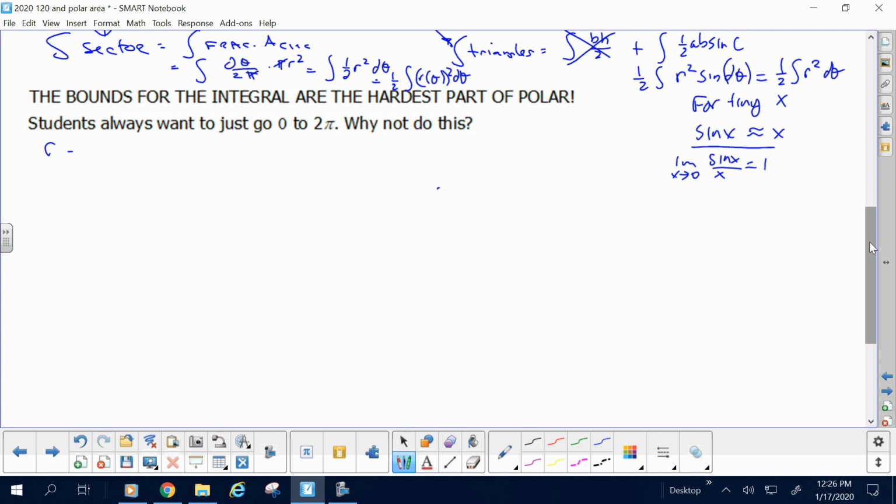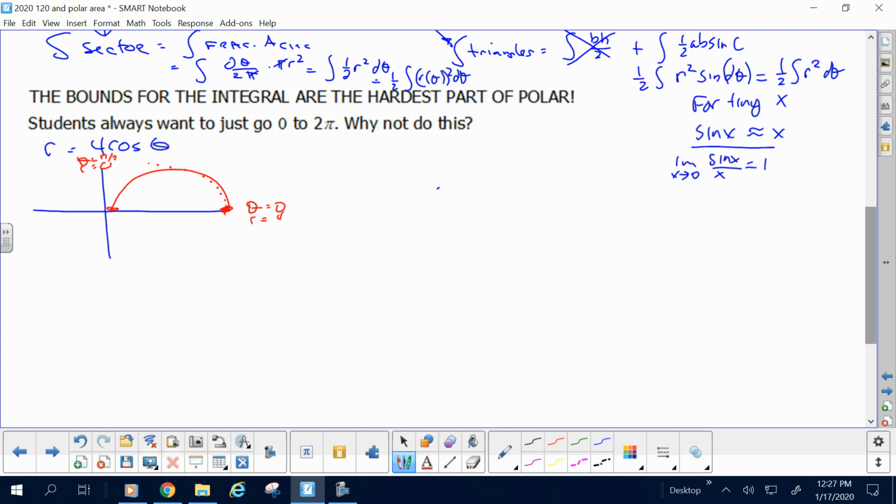Check this out. If you said r equals 4 cosine of theta, let's track through some angles. When theta equals 0, r is 4. So I'm getting points, points, points. When theta equals pi over 2, r is 0. Then I'm starting to get negatives.